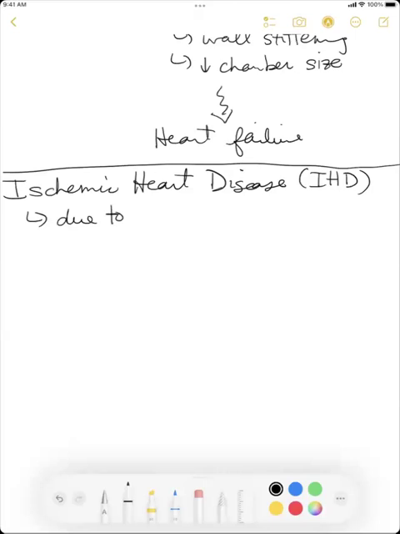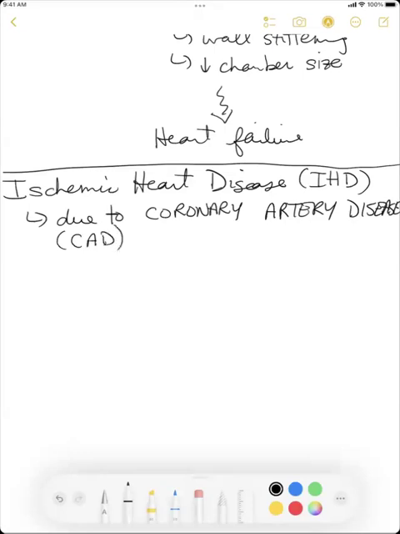And so when there are blockages in the coronary arteries as a result of atherosclerosis, we call that coronary artery disease. So sometimes that's called CAD, and this is from atherosclerosis.